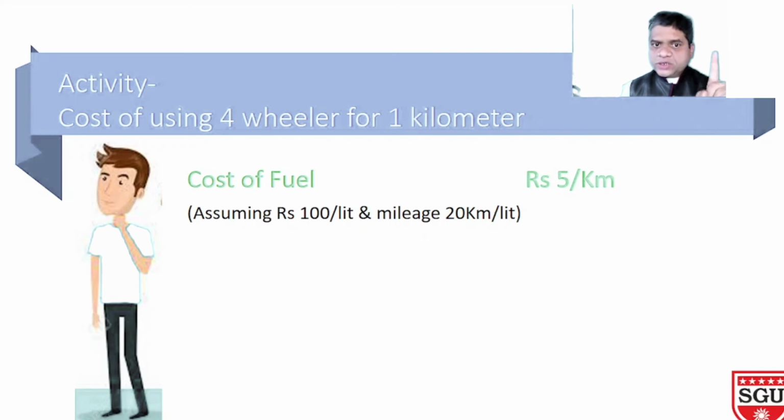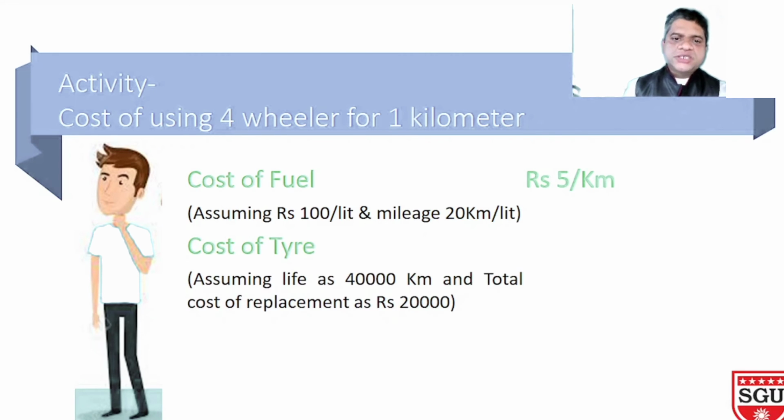So this is one cost element, and this is what most of the time is visible to us. But various other costs which are not visible, which we typically include in the notional cost, is the tire. You take any brand of tire, normally the life of the tire is 40,000 kilometers. After these 40,000 kilometers, we need to replace the whole set of tires.